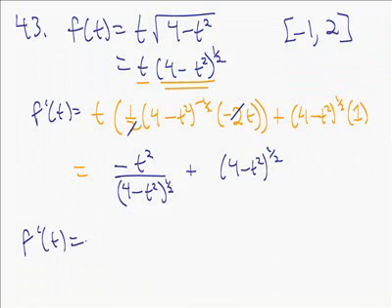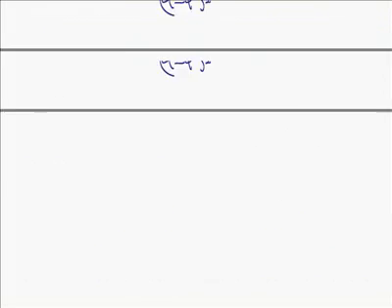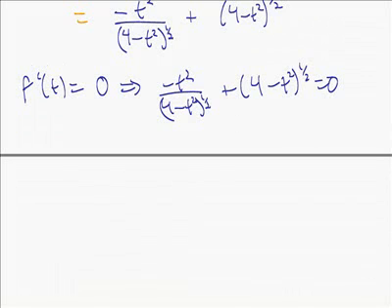f prime of t equals 0 implies that negative t squared over the square root of 4 minus t squared, plus the quantity of 4 minus t squared to the 1/2, is equal to 0. Let's look at this equation here. To make this a little simpler, I'm going to get a common denominator.